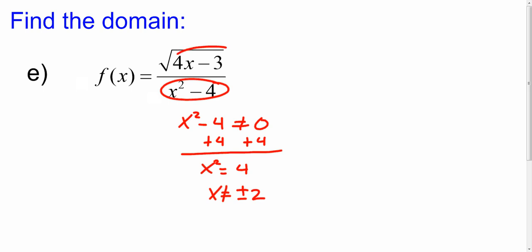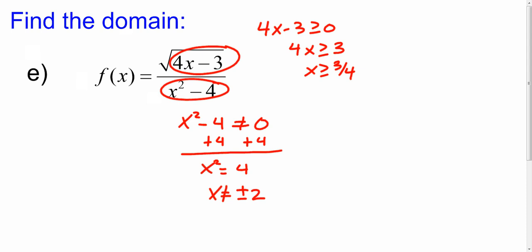Okay, here what I know is that 4x minus 3 has to be greater than or equal to 0 because I can't take the square root of a negative number. So I add 3, divide by 4, and x has to be greater than or equal to 3/4. Okay, so here's the deal.